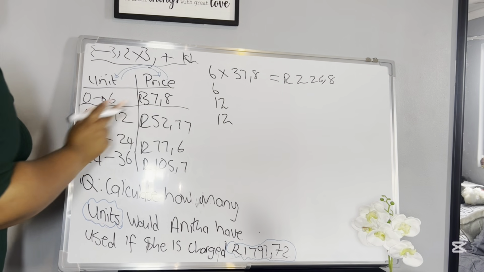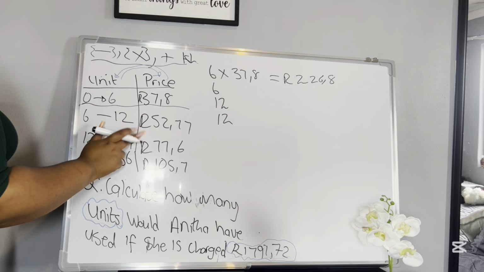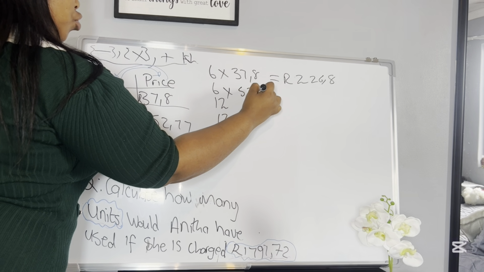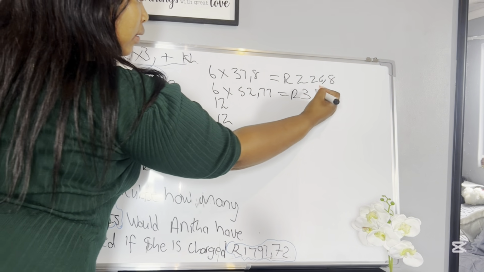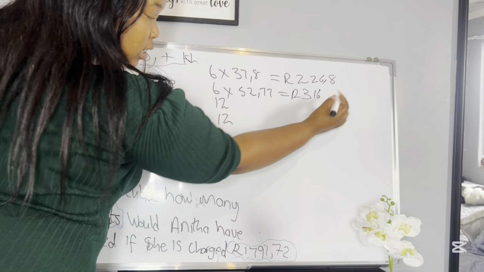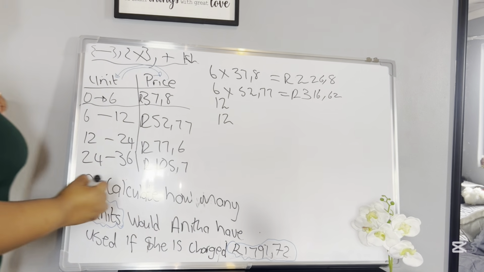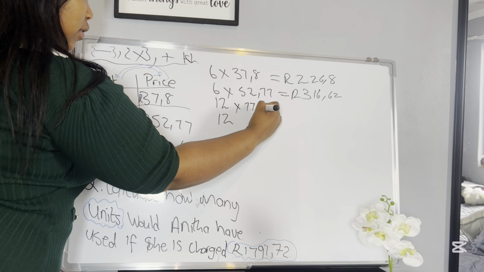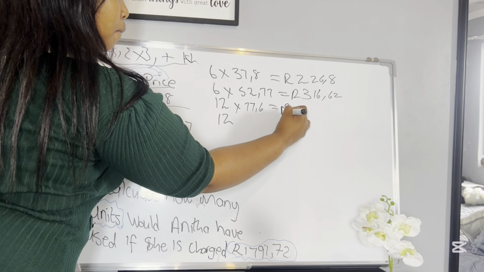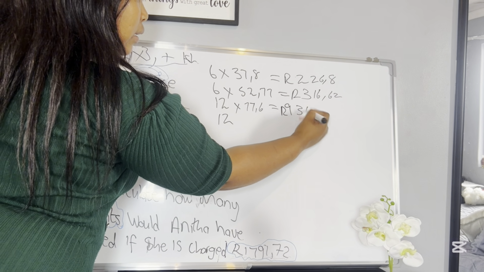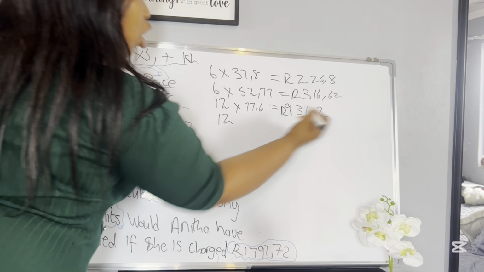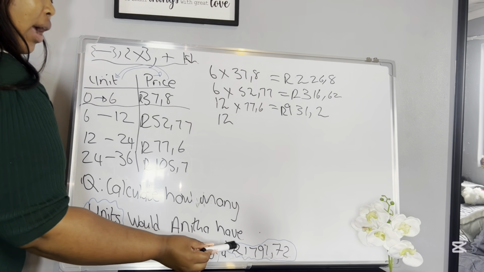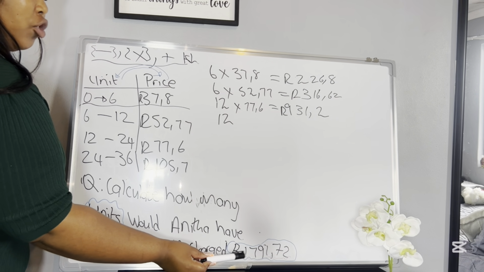And then you move on to 6 times 52.77, which gives 316.62. Then 12 times 77.6, which gives 931.2.